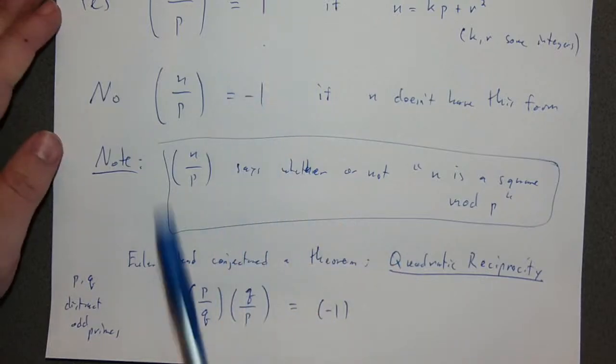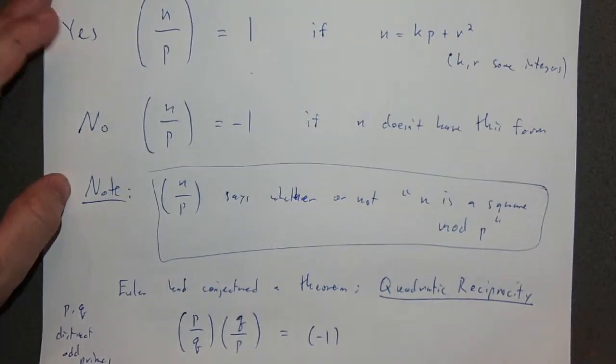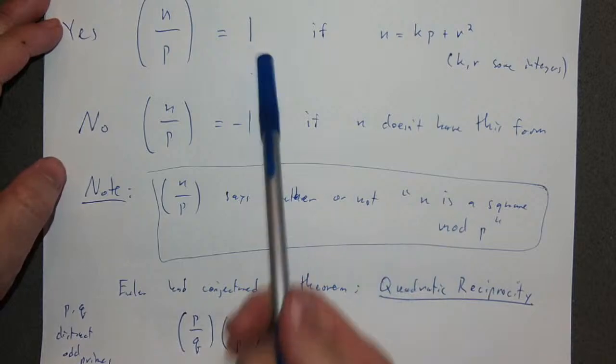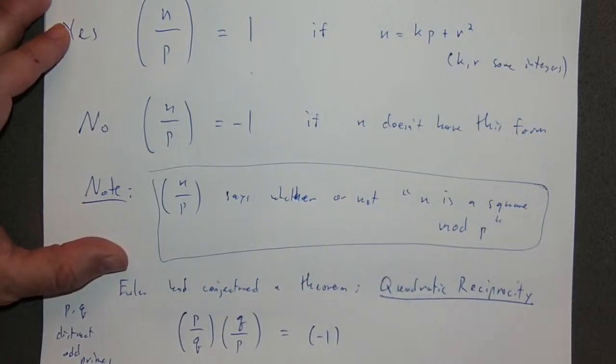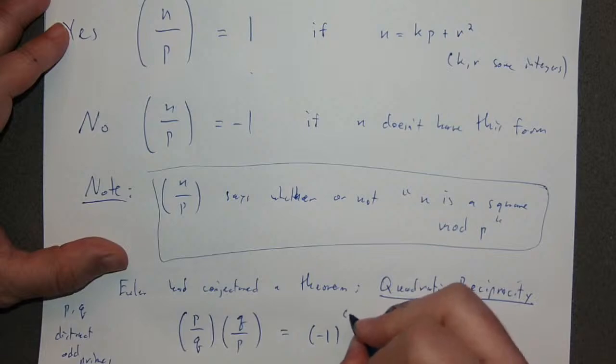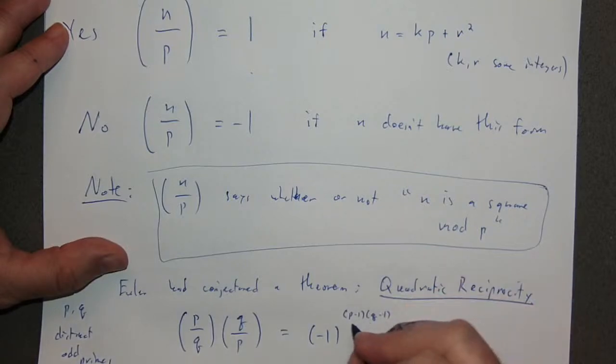Those are the only possible values a Legendre symbol can have. But it's -1 to the (P-1)(Q-1)/4.